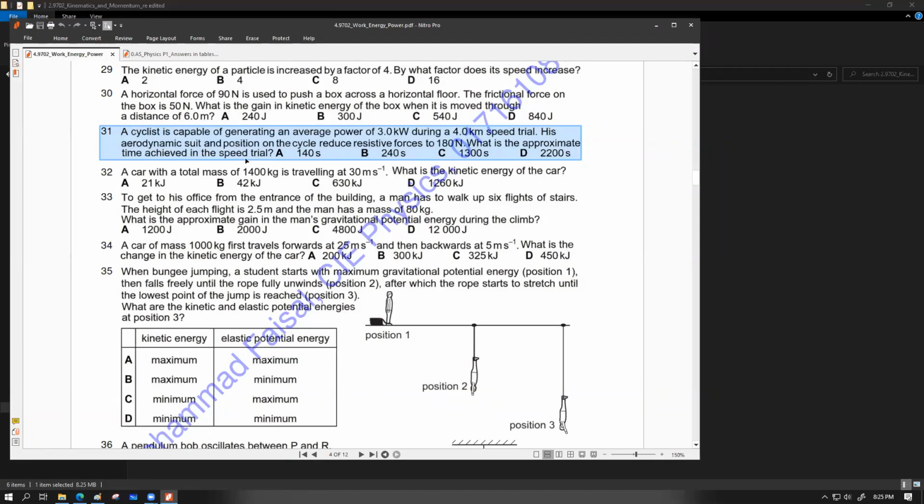As he speeds up, aerodynamic drag is going to get bigger. But according to the question, we are to use an average value of aerodynamic drag or resistive force, which is 180 Newton for the entire journey, and that's how we're going to do this math. So P equals FV is the equation. That way you get your V, and then you get the speed trial value. V equals S over T, or distance over T.